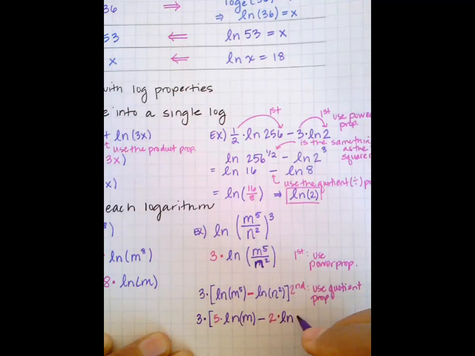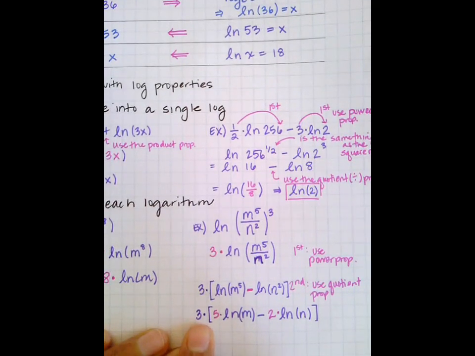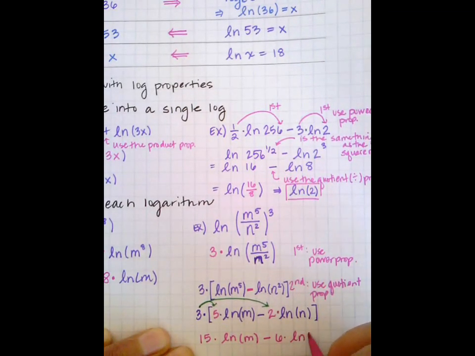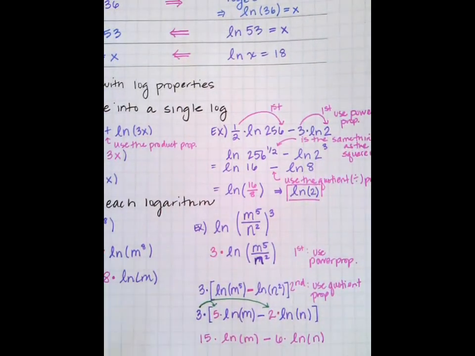And now we have the ln of n. With my brackets here, you can see that this 3 is going to distribute here, and it will also distribute here as well in my final simplification. So my final simplification is this is equivalent to 15 times the ln of m, take away 6 times the ln of n. And that is a fully expanded logarithm.